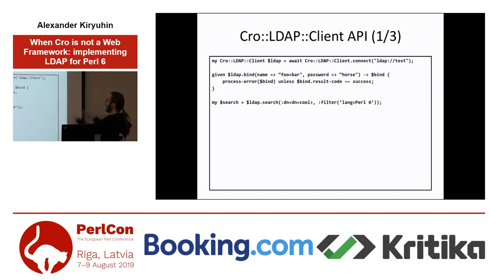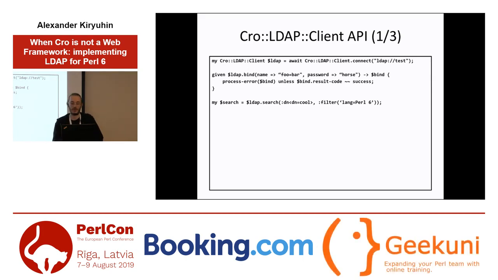So for example, in a tree, we search all children of some root, and a filter, attribute length equals Perl 6, because we are interested in it. But it can be smarter. There are more parameters. You can specify timeouts, or how many entries you want, and things like that.